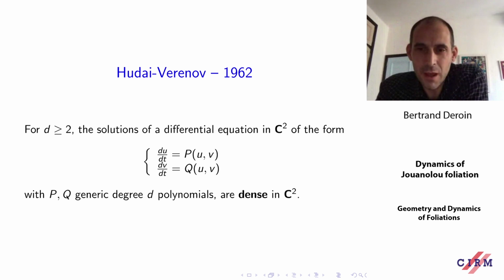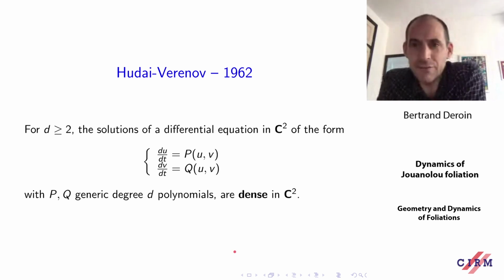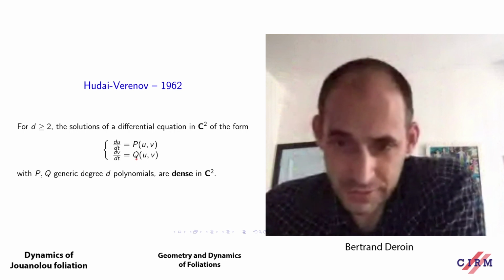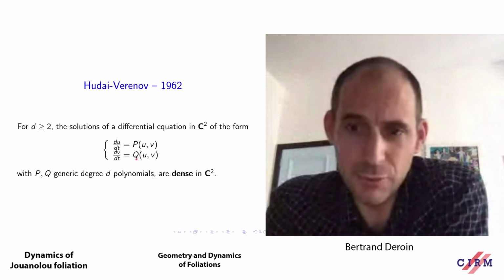There is a very famous result by Udaj-Verenov in the early 60s, which says that if you take a polynomial differential equation on the affine plane, the complex plane, where the functions p and q are polynomials of degree d that satisfy some genericity conditions that I'm not going to speak about, then the solutions of this differential equation are either equilibrium points, which are points where p and q vanish, or the solution is a Riemann surface immersed in C2, which is dense in C2.